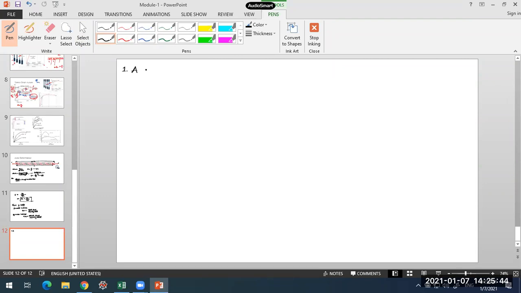A 0.5 meter long uniform bar with a square cross section of side 20 mm is subjected to a tensile force. You can take this down.